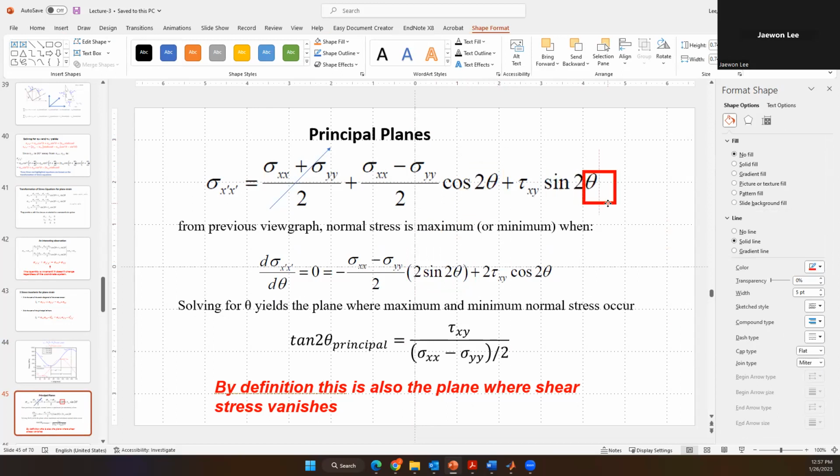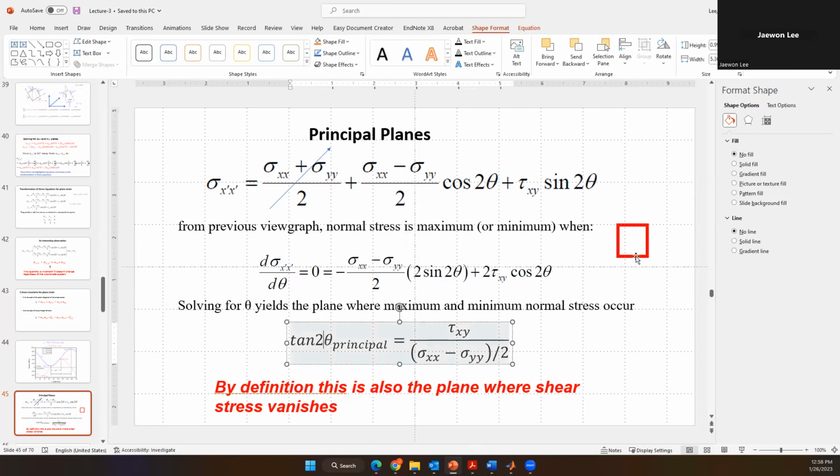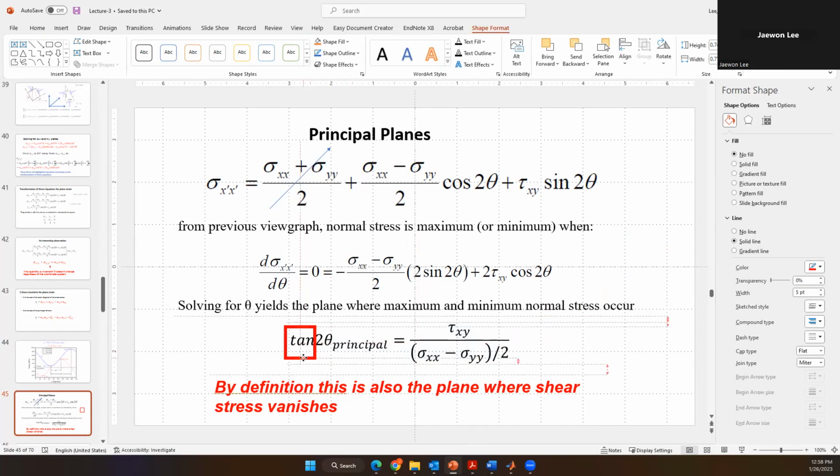And then tau xy sine 2 theta changes to 2 tau xy cosine 2 theta. I think you can derive this equation very easily. So based on that, the maximum or minimum of normal stress is generated when d sigma d theta is 0. So we can get this equation.